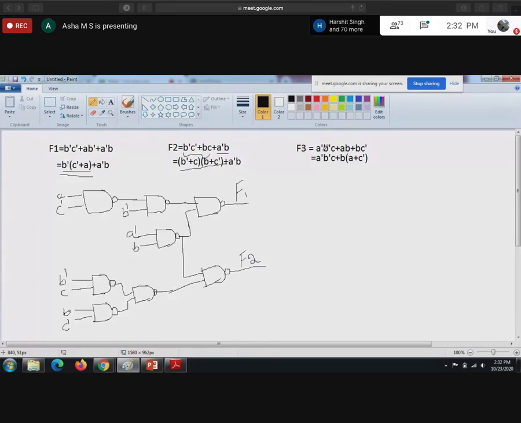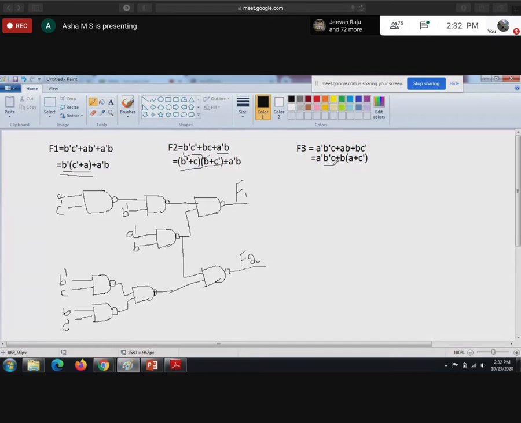Similarly, we need to write it for F3. Next, we have B bar C. See, A bar, B bar C. Do we have already the gate to obtain B bar C?